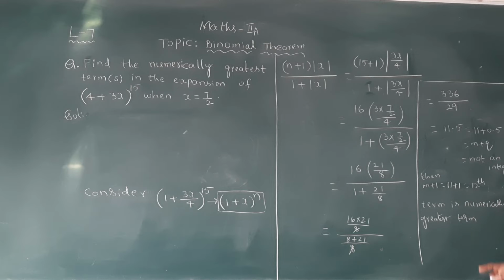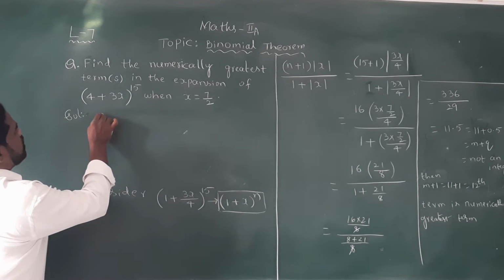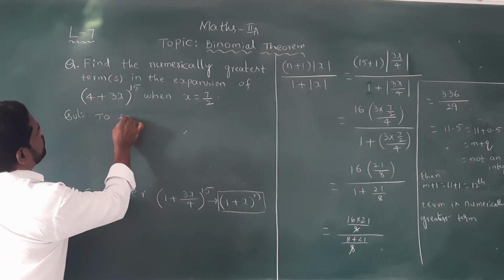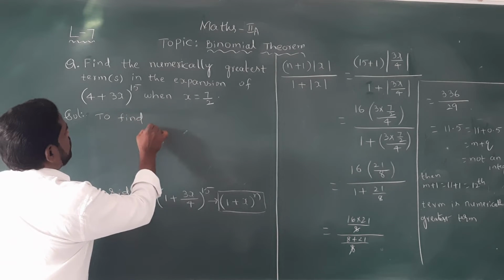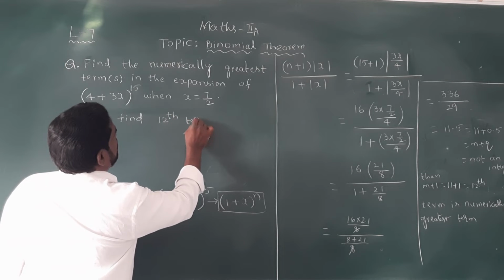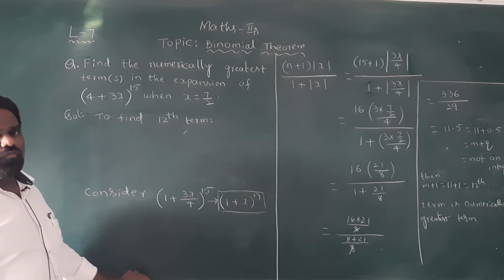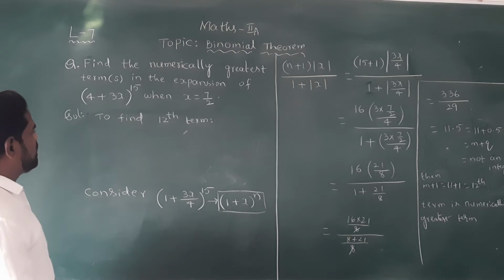The 12th term is the numerically greatest term. Now we are going to find the 12th term according to the question like this. Let us see how to find the 12th term.